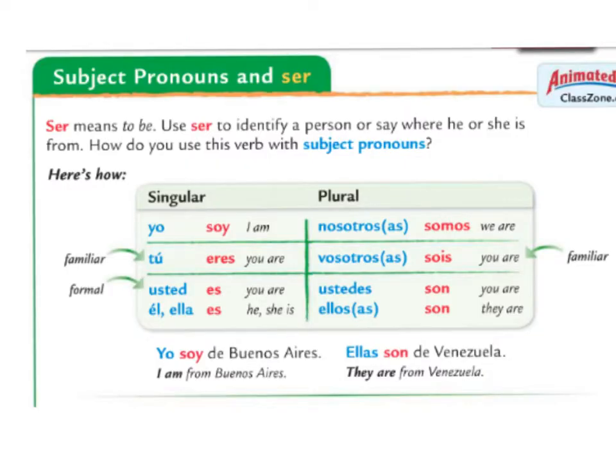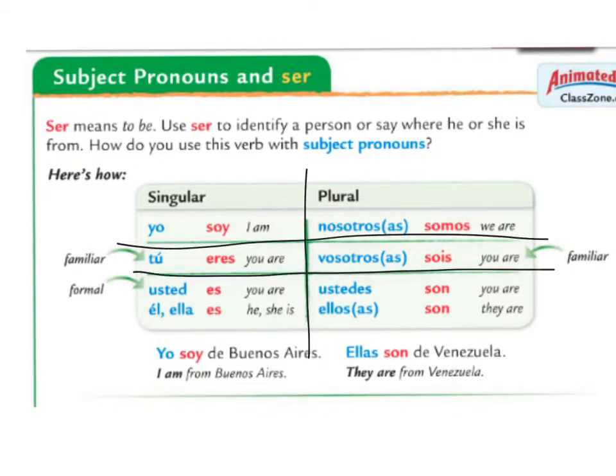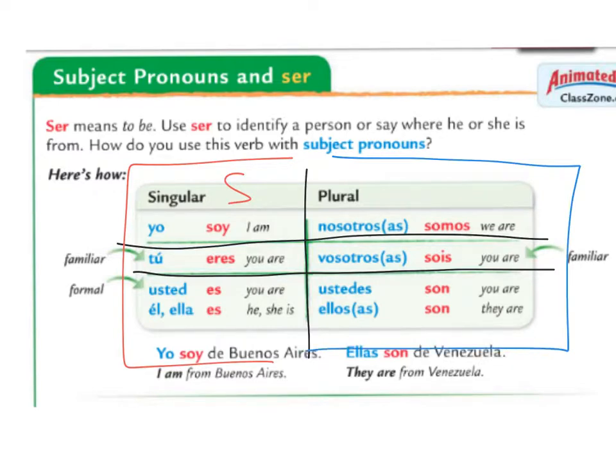Let's take a closer look at the subject pronouns before we get into conjugating the verb ser. These are the subject pronouns. We have a subject pronoun chart that looks like this. Notice that the left side of the chart is going to be the singular side, while the right side of the chart is plural.